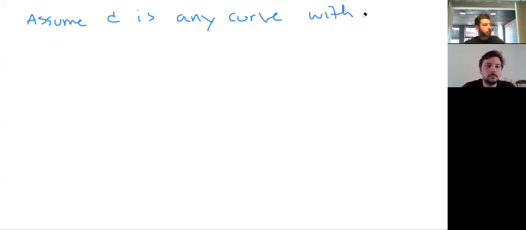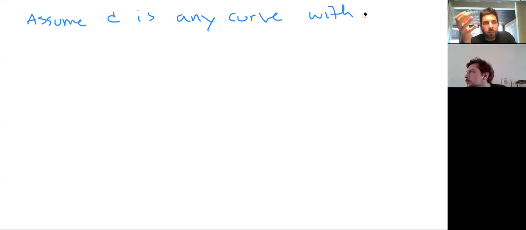Perhaps I should say, I'm trying to think of the best way to write this. Anytime I'm talking about a curve C, I hope you realize, I've said this before, but it's worth repeating: I can take a curve C and I can parametrize it in more than one way. So you have to keep that in mind.